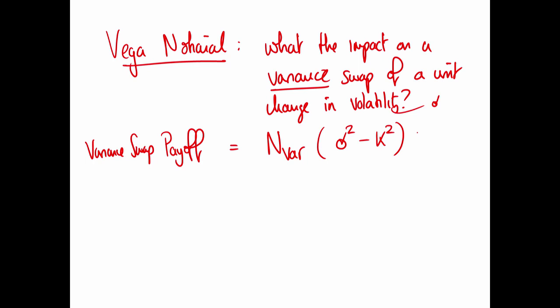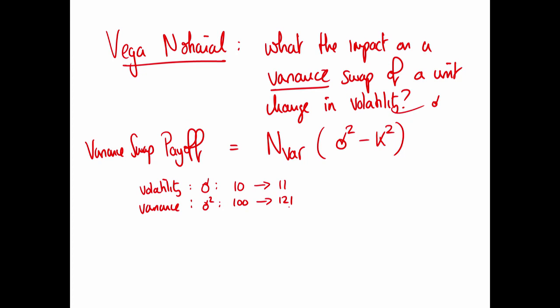Now, I'm just going to try and simplify things here. Imagine if sigma went from 10 to 11. If volatility went from 10 to 11, we need to know, if it starts at 10 and goes to 11, what's the impact on the payoff of the variance swap? Well, variance, which is sigma squared, hopefully it's relatively trivial to see that it will go from 100 to 121.